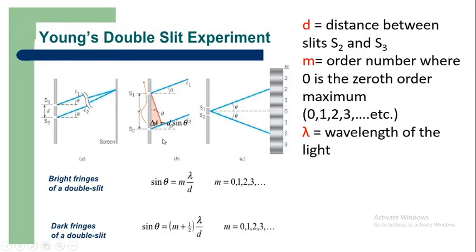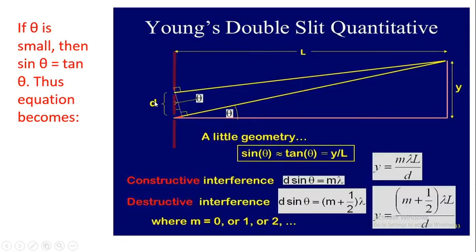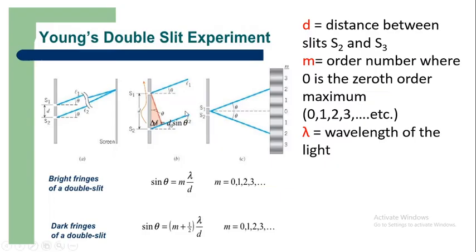To solve for the path difference, we refer to the diagram with a right triangle, with a 90 degree angle. Sine theta is opposite over hypotenuse, so sine theta equals path difference over d.